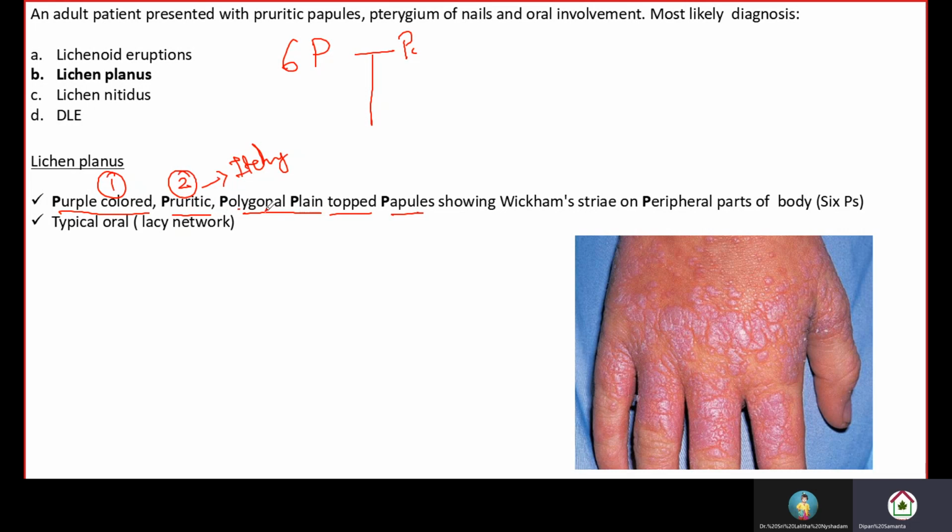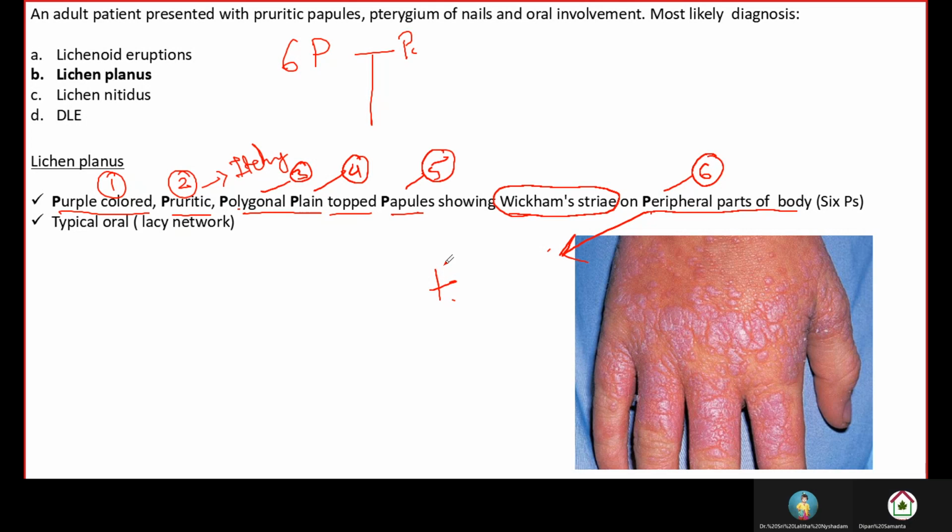Then showing Wickham stria, on the peripheral parts of the body, not central, which can be elaborated as limbs, extremities, especially hands.